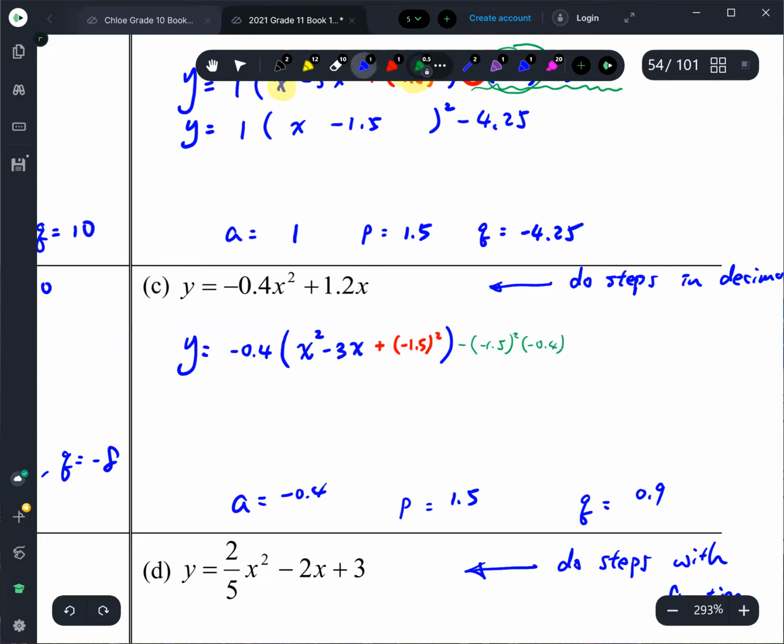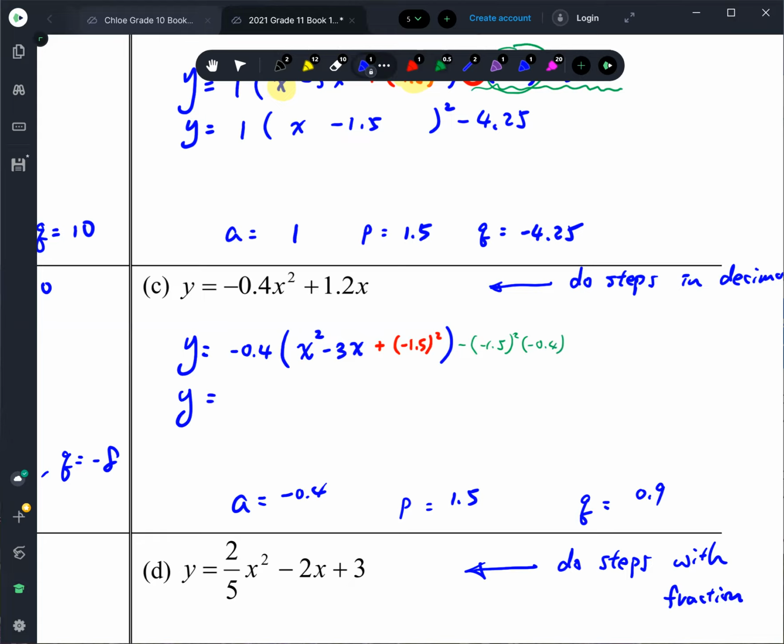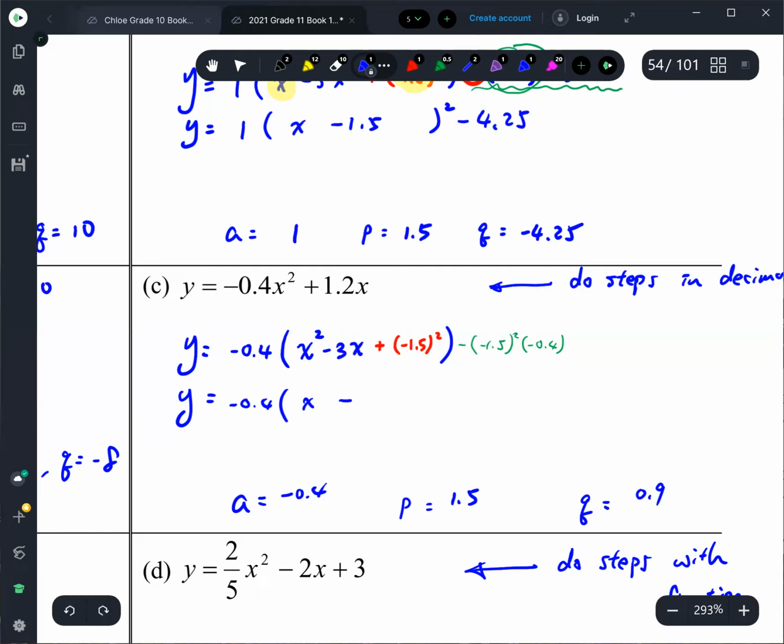Now let's write the answer out. Standard form now. Negative 0.4 bracket x minus 1.5, negative 1.5, so you put minus, okay?